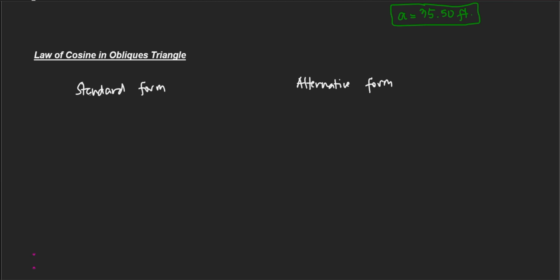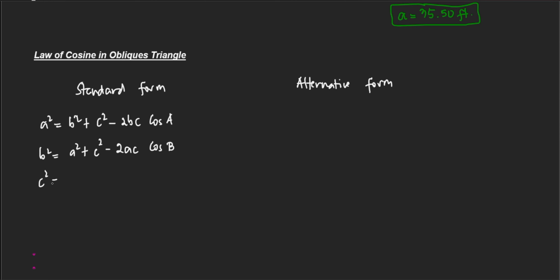So we have first, a squared is equal to b squared plus c squared minus 2bc cos angle A. We also have b squared, then a squared plus c squared minus 2ac cos b.